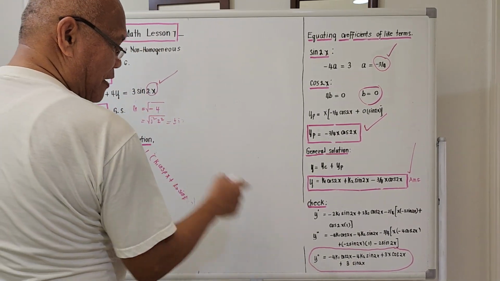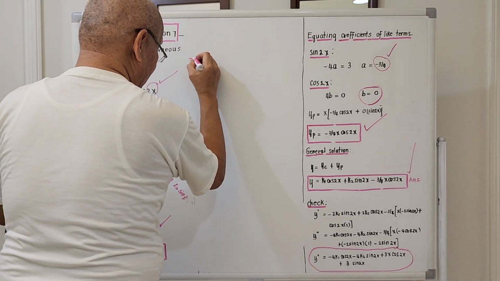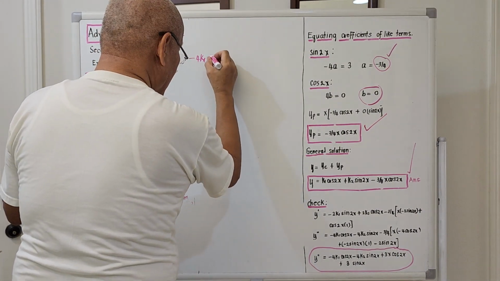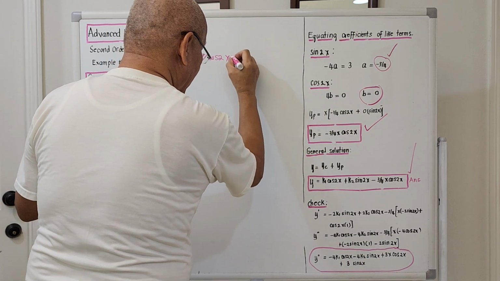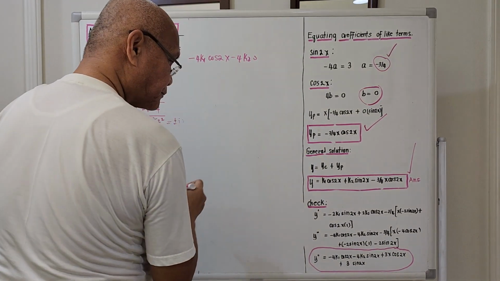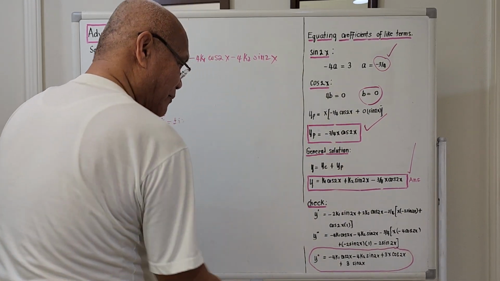So y double prime will be minus 4k1 cosine of 2x minus 4k2 sine of 2x. I'm copying this one.